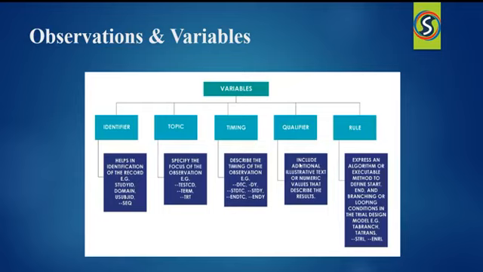Next we have the topic variable. That is going to specify the focus of your observation, such as the name of your lab test and so on. Next we have your timing variable, which is going to describe the timing of the observation, such as your start date and end date based upon the study.